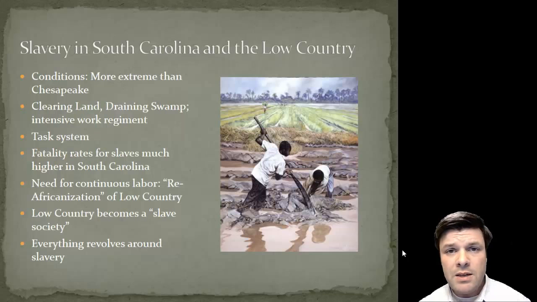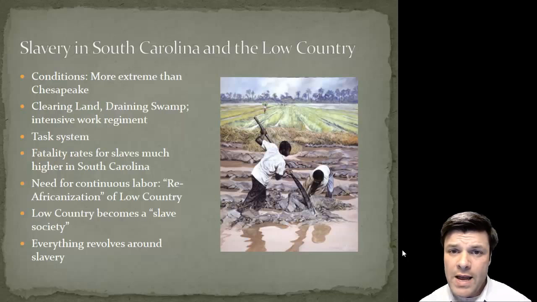And what that means is, unlike Virginia, where you're seeing the emergence of an African American workforce, what you've got in the Low Country is an African and then re-Africanized workforce. These are people that are African. They're not people that were born on the North American continent.